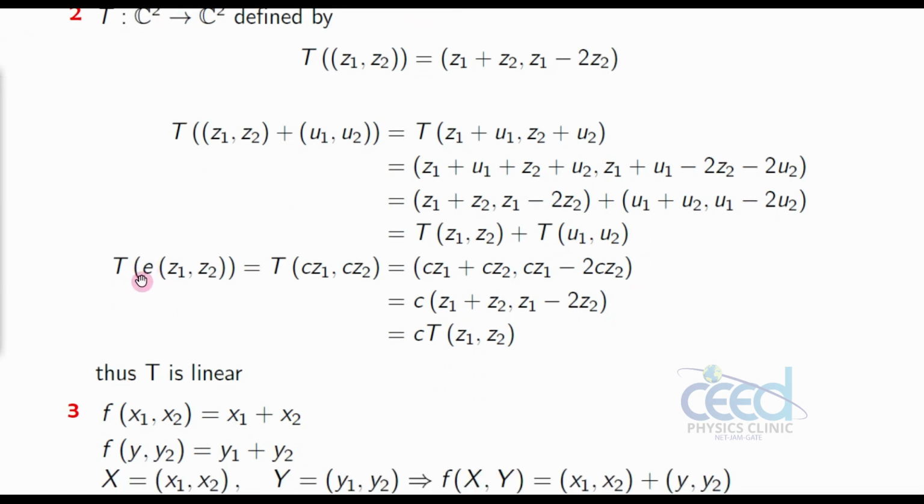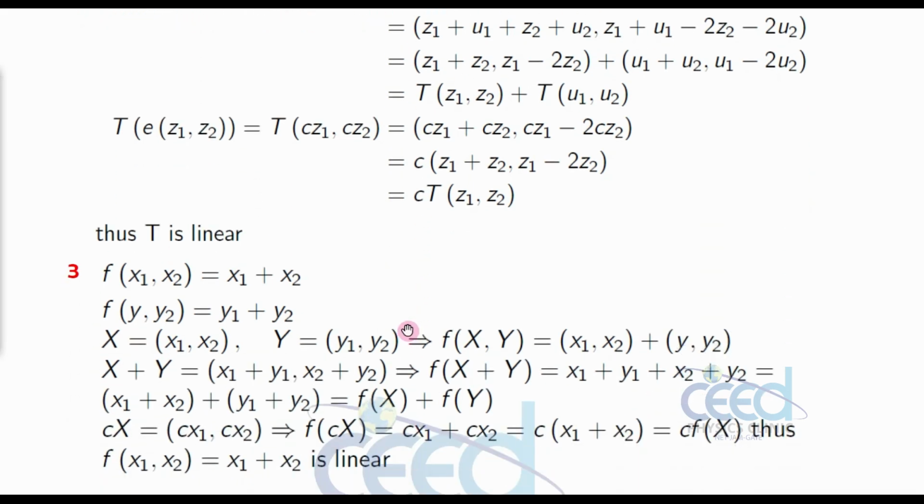Similarly, if you multiply by a constant c, T of c(z1, z2) is T of (cz1, cz2), that is (cz1 + cz2, cz1 − 2cz2). Then you can take c out, leaving (z1 + z2, z1 − 2z2), which is T of (z1, z2). So this is a linear transformation.